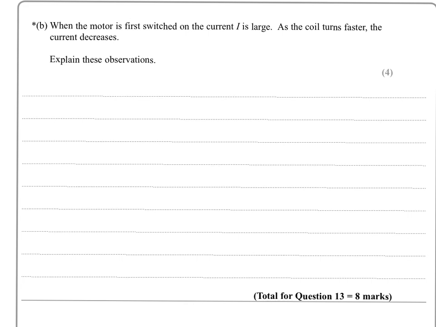So this opposition is what's causing the current to be less as it rotates faster, because the opposition will increase as the coil rotates faster, because the reverse EMF caused by Lenz's law is opposing the action that's causing it. That's what Lenz's law says: it produces an EMF that opposes the change causing it.